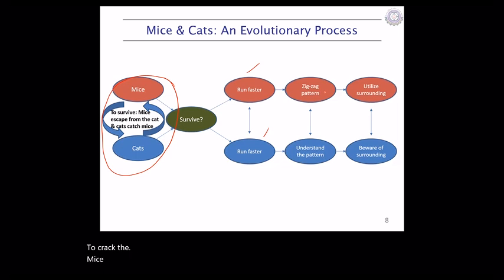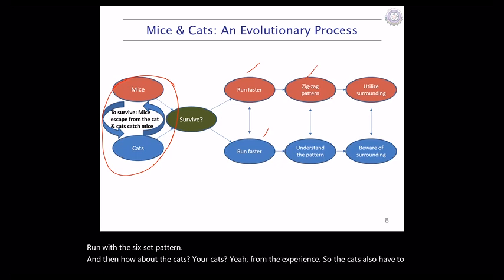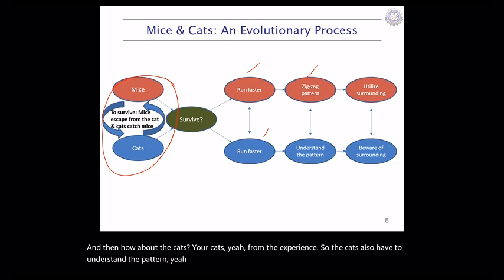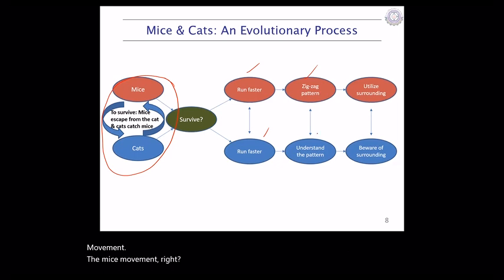So that's why the mice should run with a zigzag pattern. And then how about the cats? Cats, from experience, also have to understand the pattern of the mice movement, so they understand the pattern.